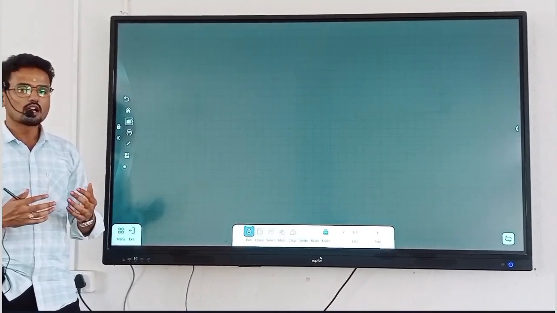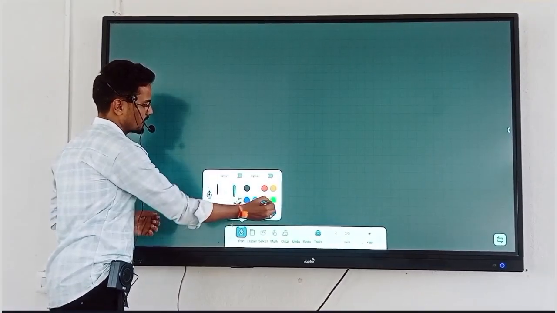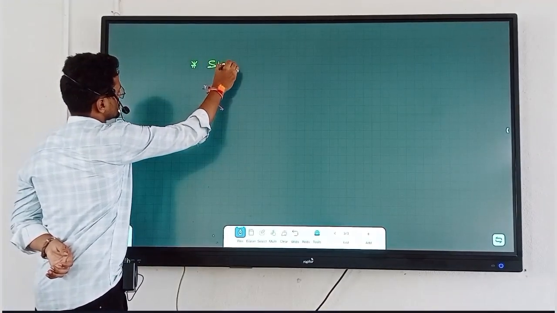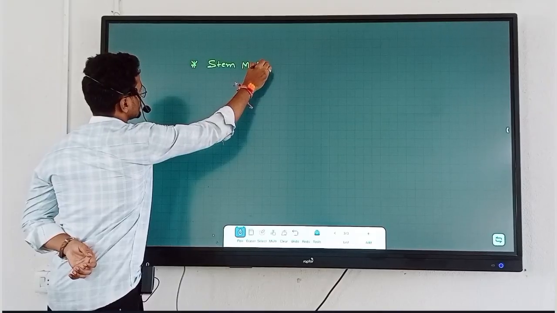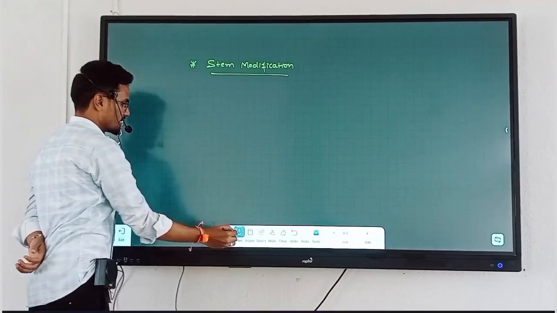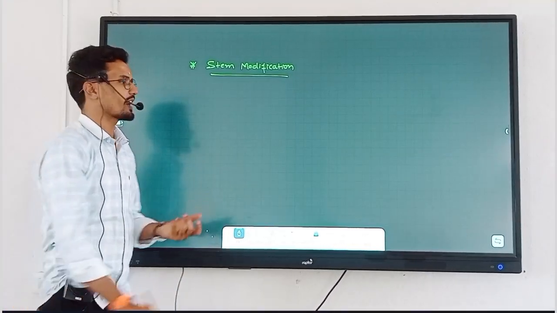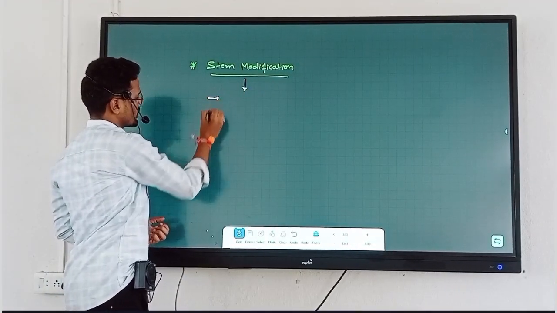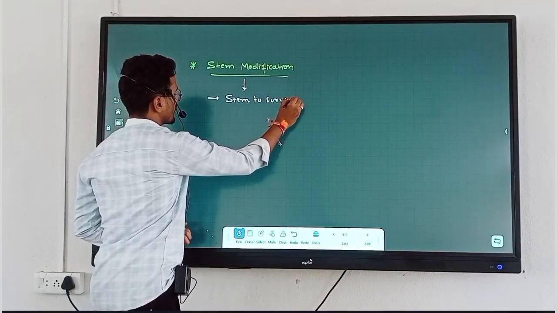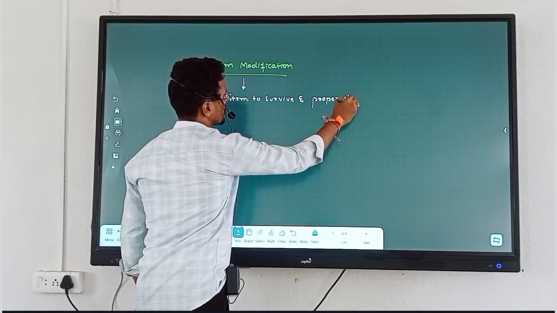Now we are going to discuss stem modification. The stem also has some modifications, and we'll see those things. Stem modification: the stem modifies itself to survive and to sustain proper function.